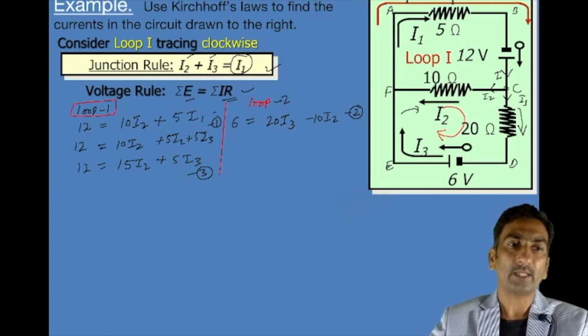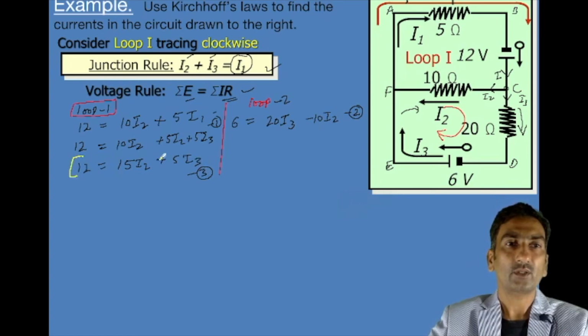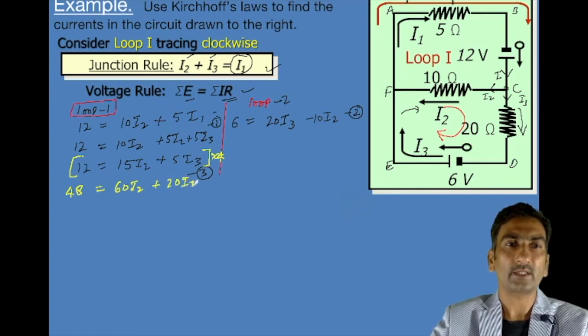We can multiply equation number 3 by 4. So when you multiply this by 4, it becomes 48, that would be equals to 15 times 4, 60 I2 and plus 20 I3.